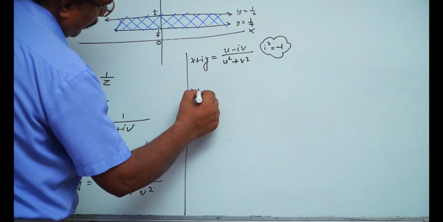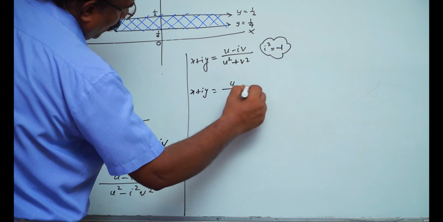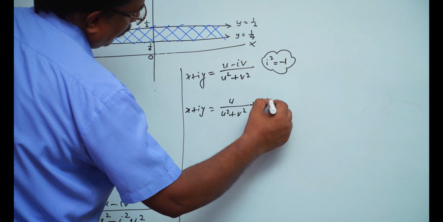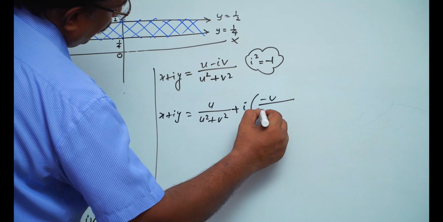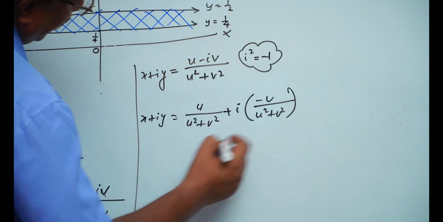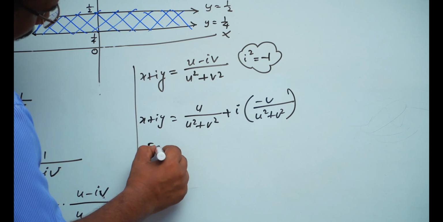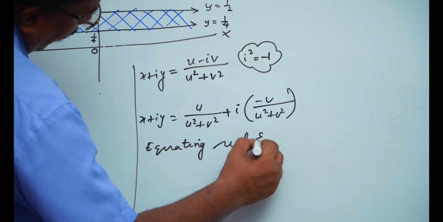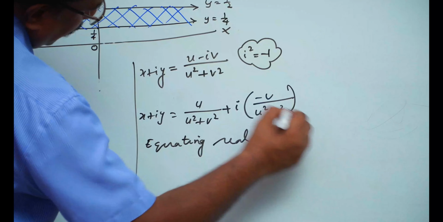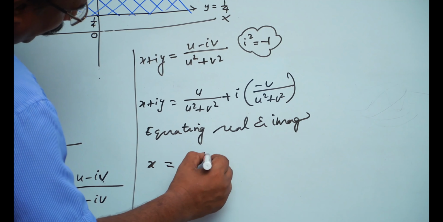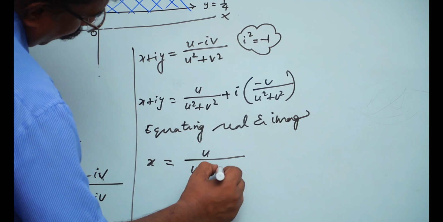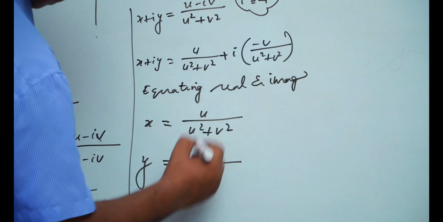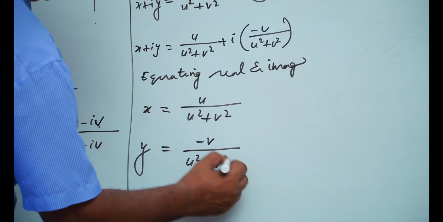Here x + iy = u/(u² + v²) is the real part, and i times -v/(u² + v²) is the imaginary part. Equating real and imaginary parts, we get x = u/(u² + v²), y = -v/(u² + v²).